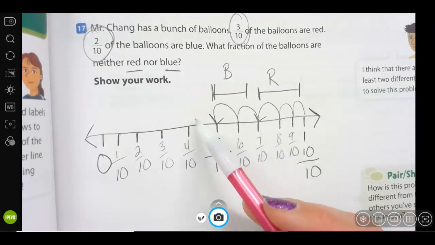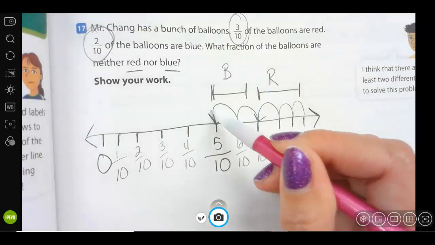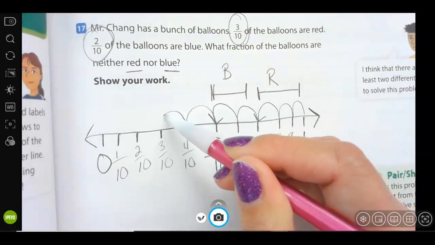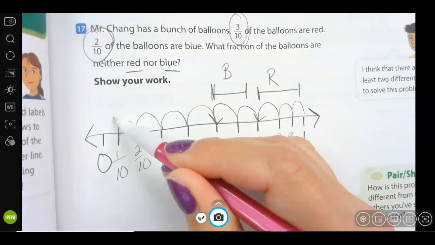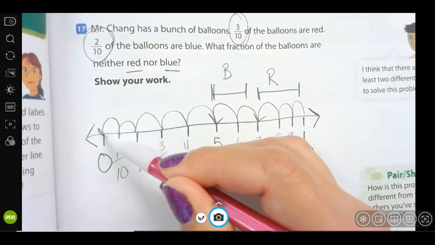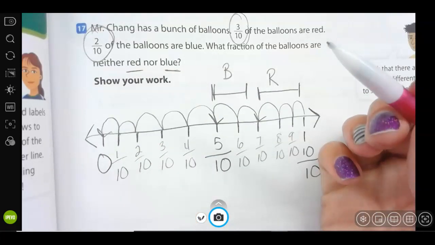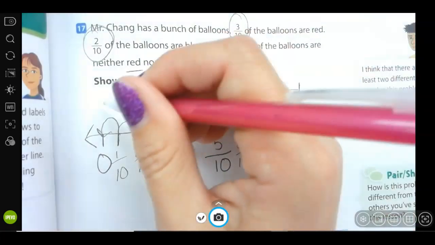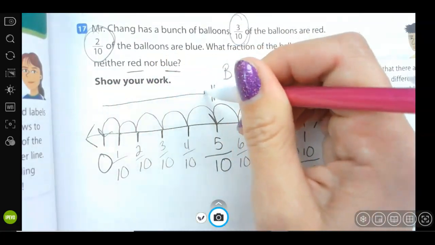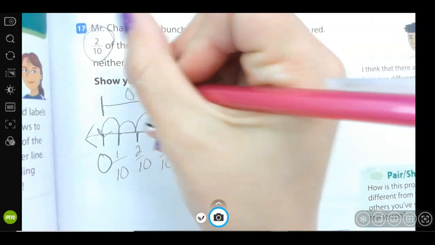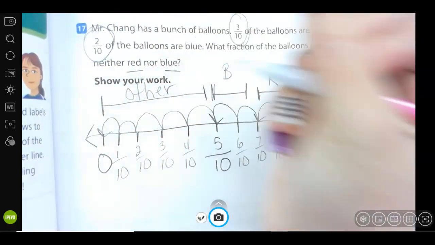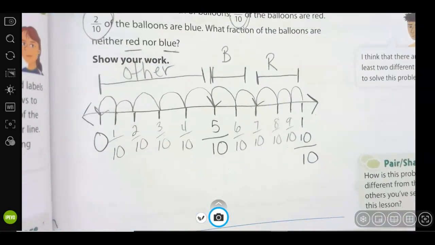So then how many tenths are left? Let's count them. 1, 2, 3, 4, 5. 5/10 are another color. I'll put other. Okay, so that's what our number line would look like.